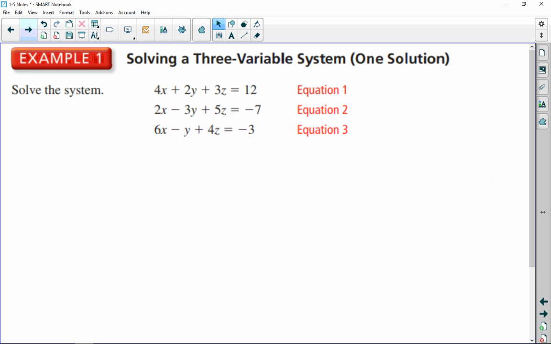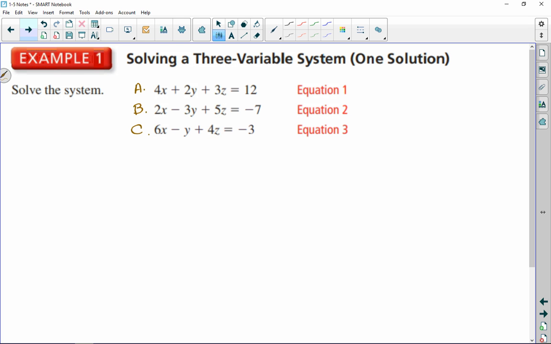All right, you've got 3 equations here. First thing I would do is label them A, B, and C. Label the 3 equations A, B, and C, because it's going to be a lot easier to keep track of.